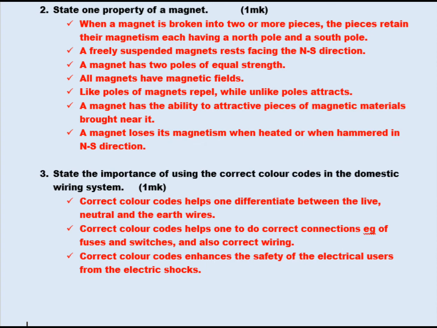Correct color codes help one to do correct connections, e.g. the correct connections of switches and also the fuses, and also help you to do correct wiring. So the next point, correct color codes enhance the safety of the electrical users from the danger of electric shocks. That is the importance of using the correct color codes.